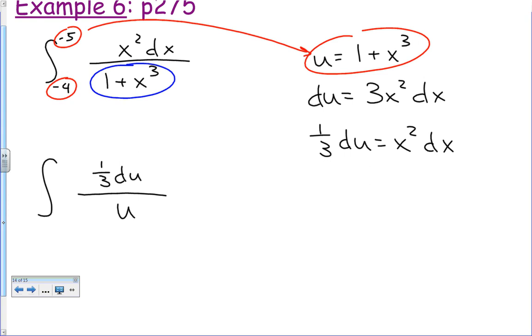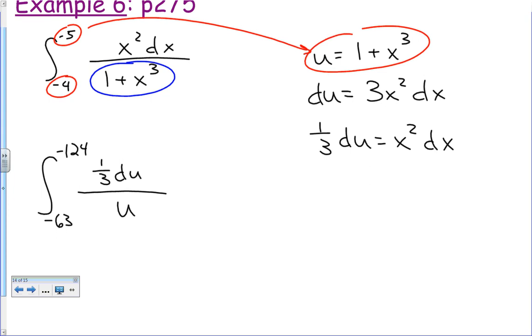So it's 1 plus a -64. 1 minus 64 is -63, which is the lower bound. And I do the same thing for the upper bound. -5 cubed is going to be -125. 1 plus -125 is -124. Don't forget, you change those endpoints.